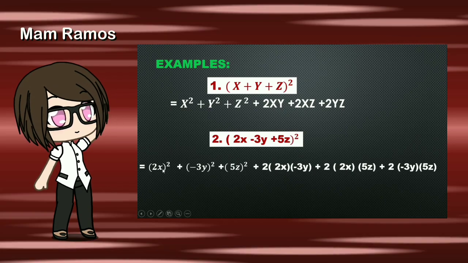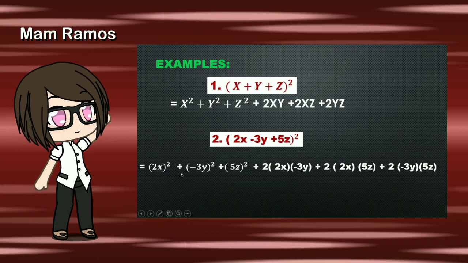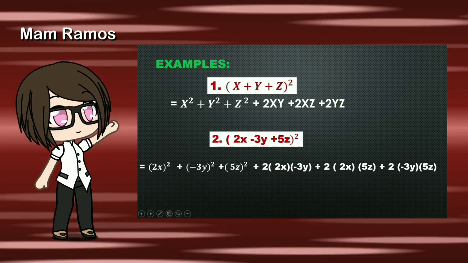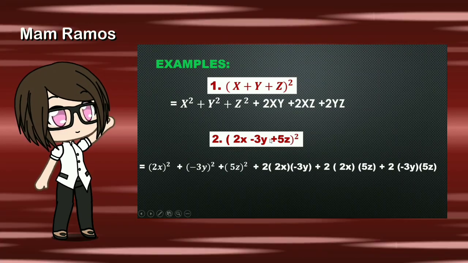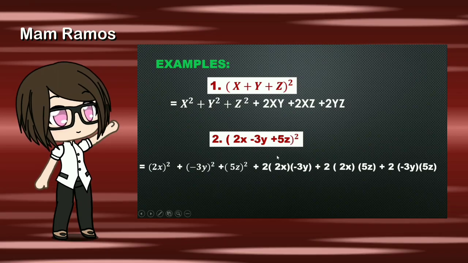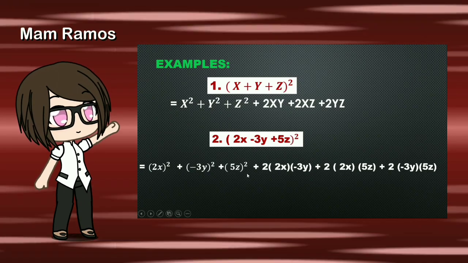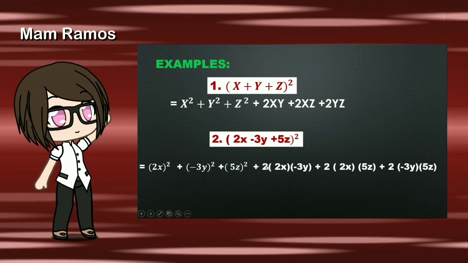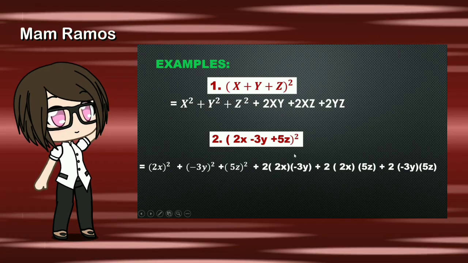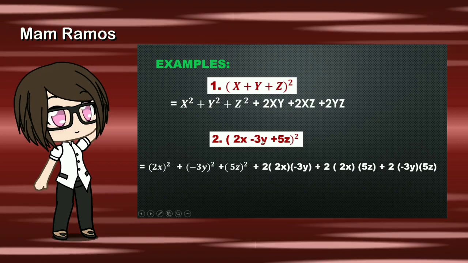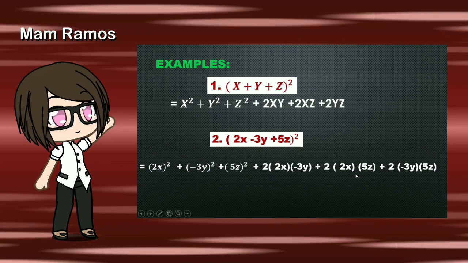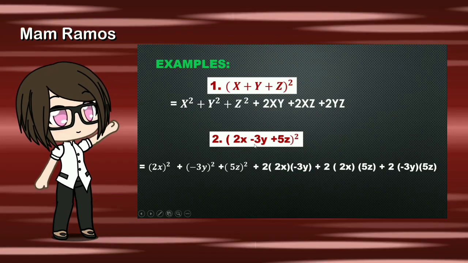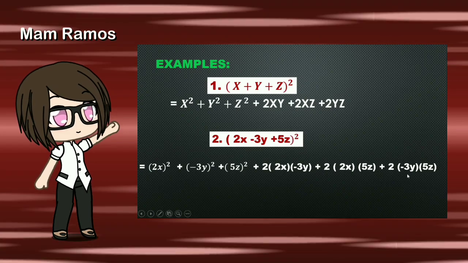We have to square the first term, which is quantity 2x raised to the second power, plus square the second term, which is quantity negative 3y raised to the second power, plus square the last term, which is quantity 5z raised to the second power, plus 2 multiplied by the first and the second, which is 2 times 2x times negative 3y, plus 2 multiplied by the first and the last, which is 2 times 2x times 5z, and then plus 2 multiplied by the second and the last, which is 2 times negative 3y times 5z.